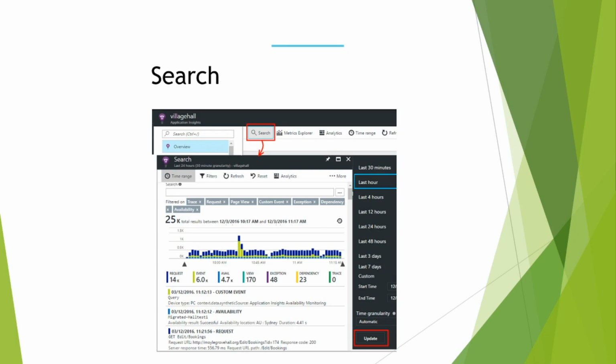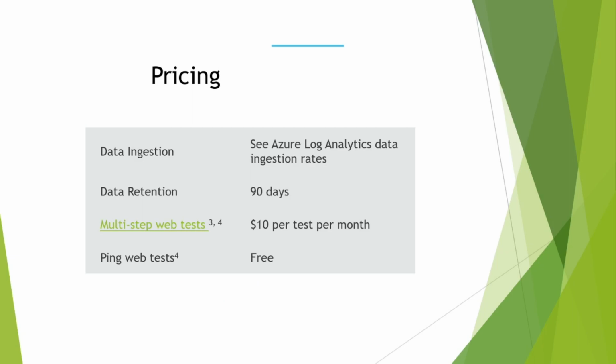Just searching through the queries, I can drill down to a time period, a request path, some sort of dependency. I can look for certain exceptions, and then I can look at all of the events related to a single request from top to bottom and drill down and see what was the path of execution that maybe caused a failure or slow performance.